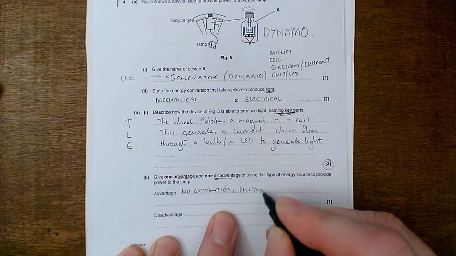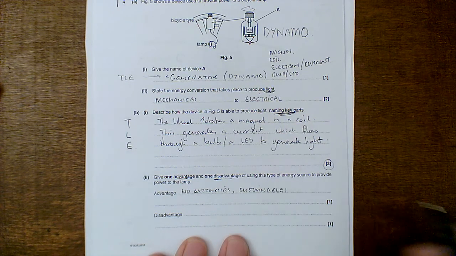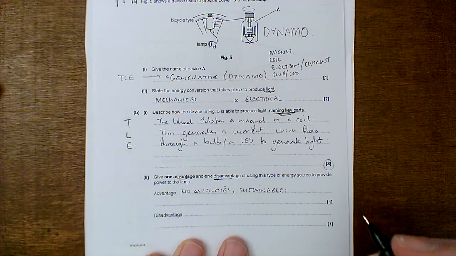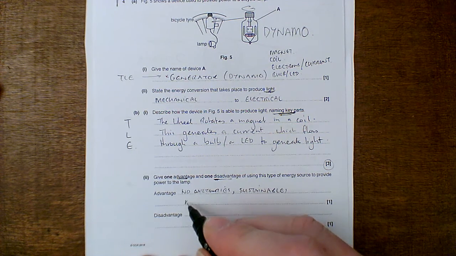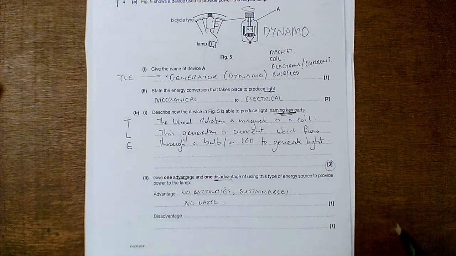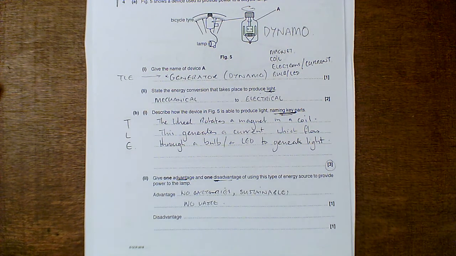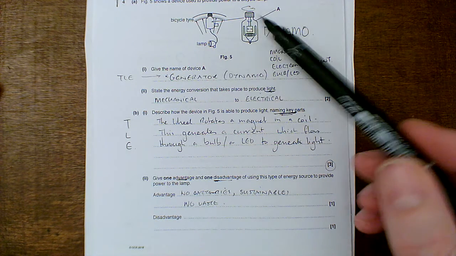No batteries, it's sustainable, you know, it's there when you pedal. So no waste products, so it's sustainable, it's sort of renewable, no waste. So, you know, environmentally friendly, things like that can be said.